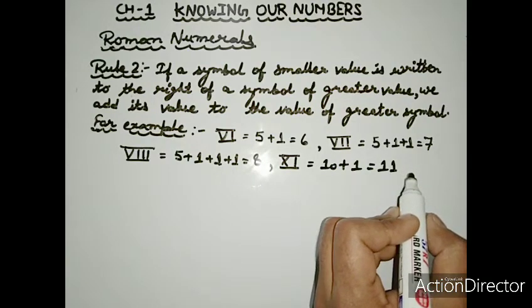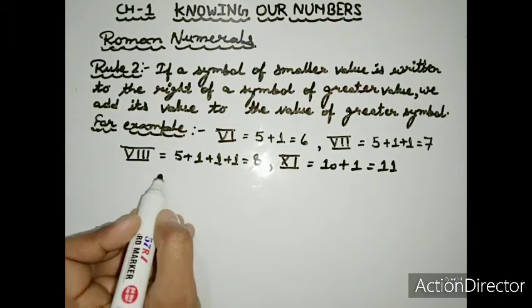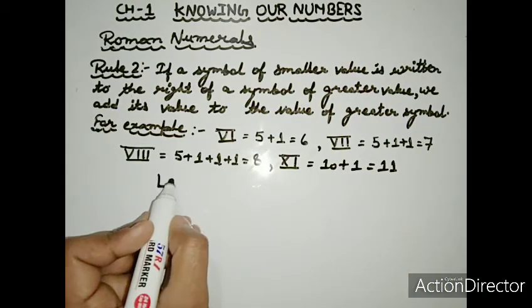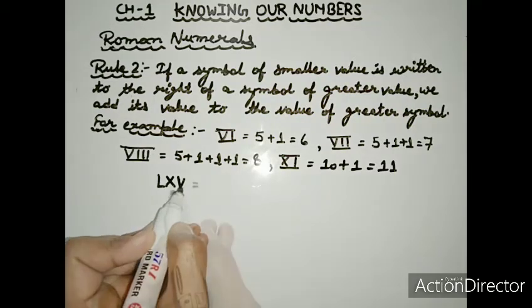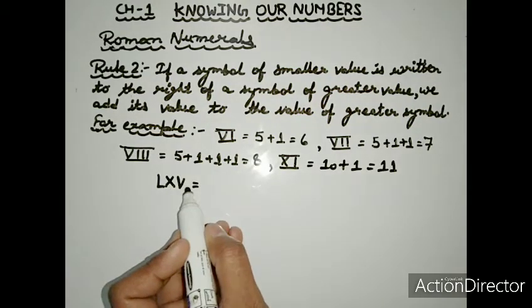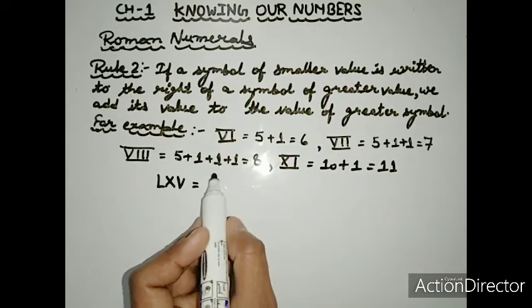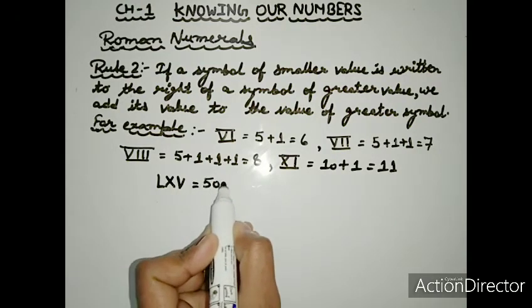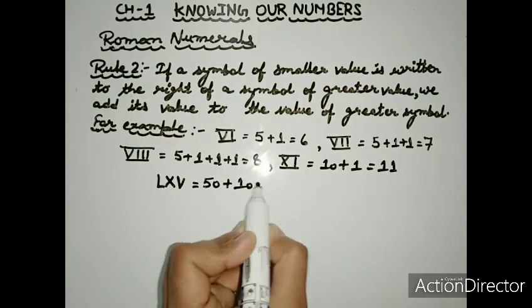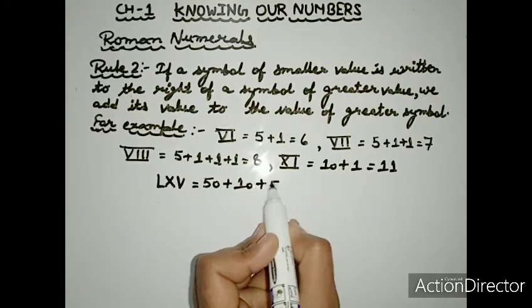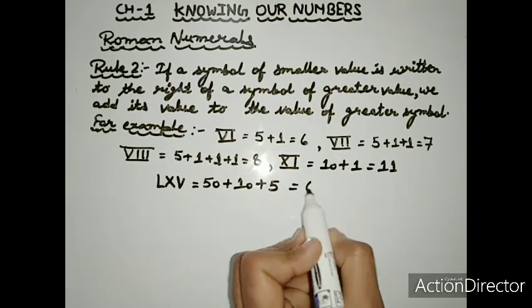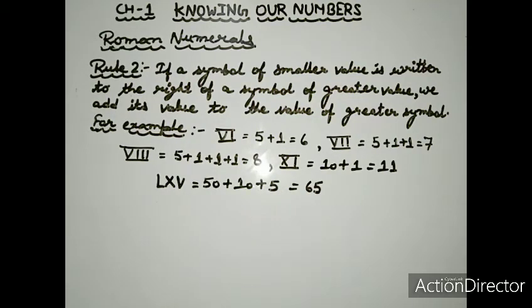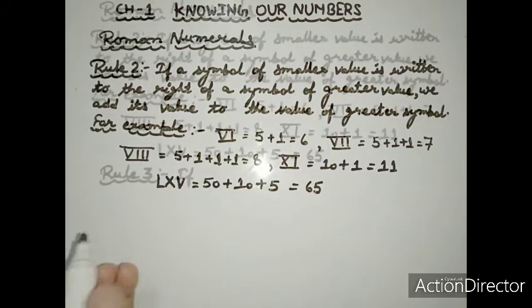If we want to write 65, then L means 50, X means 10, V means 5. When we add these three symbols: 50 plus 10 is 60, plus 5 is 65. So we use this method and write numerals accordingly.